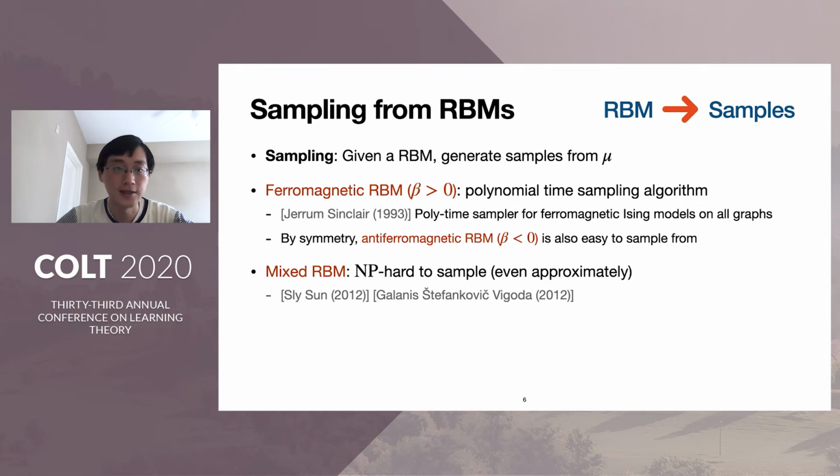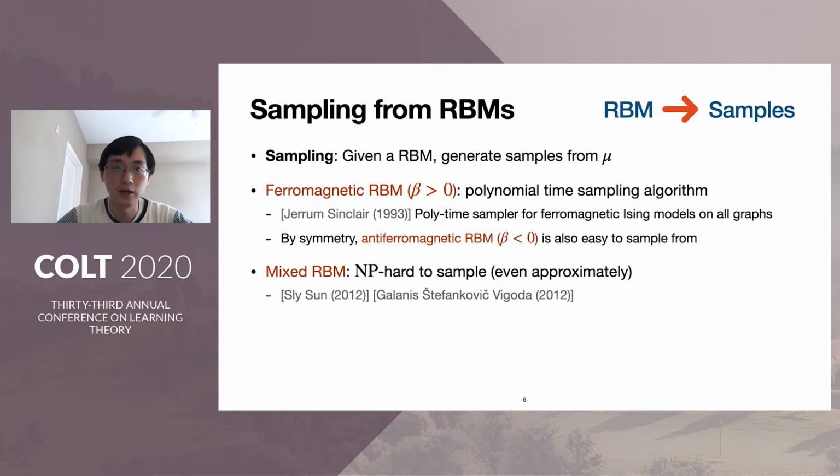By a classic result of Jerrum and Sinclair, we have a polynomial time sampler for all ferromagnetic Ising models on all graphs, not just bipartite graphs. And also by the symmetry property of RBM, we know that the anti-ferromagnetic case is also easy to sample.